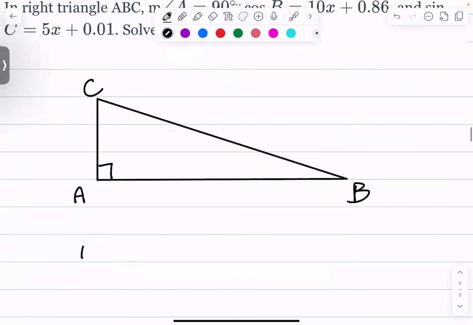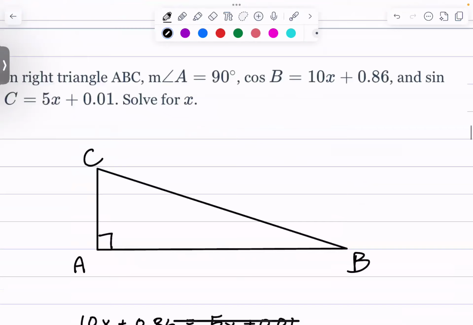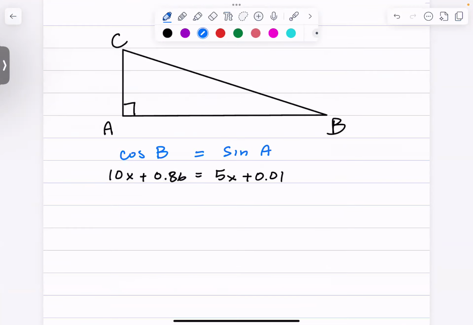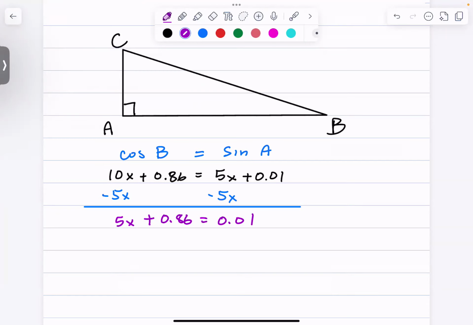So we just make them equal to each other. Tan x plus 0.86 equals 5x plus 0.01, because I know the cosine of B is equal to the sine of C. So if I subtract 5x, 5x plus 0.86 equals 0.01.